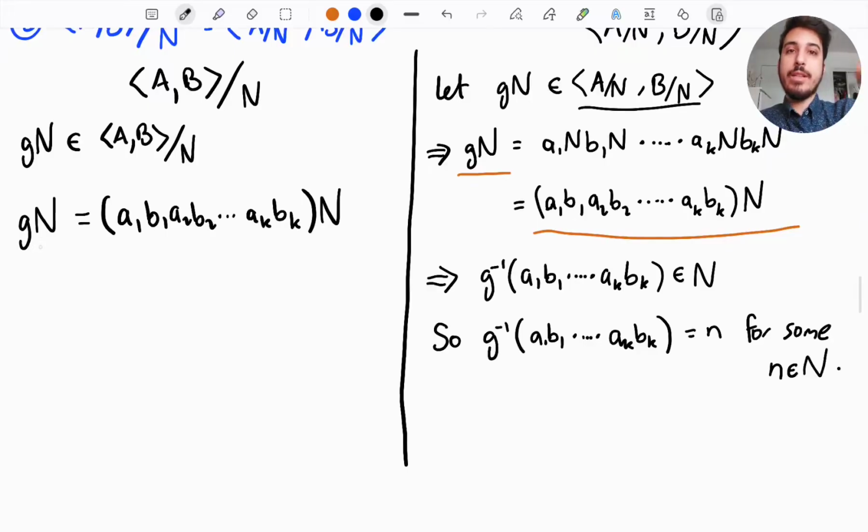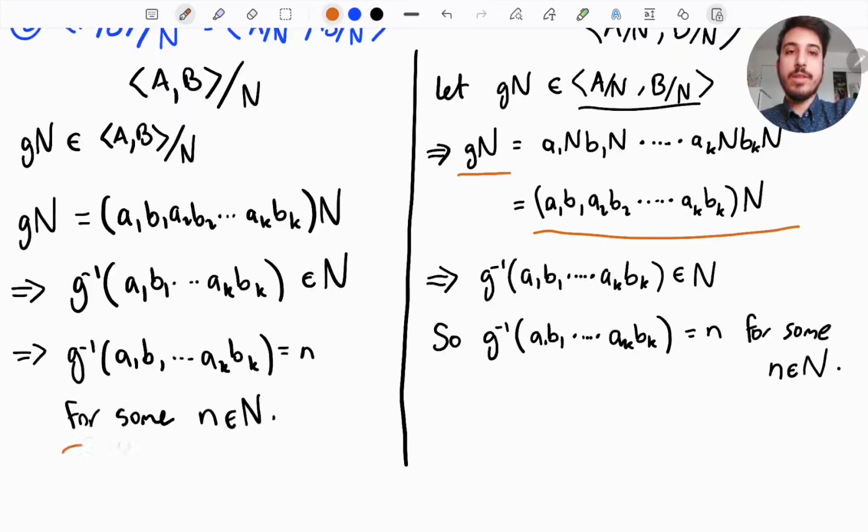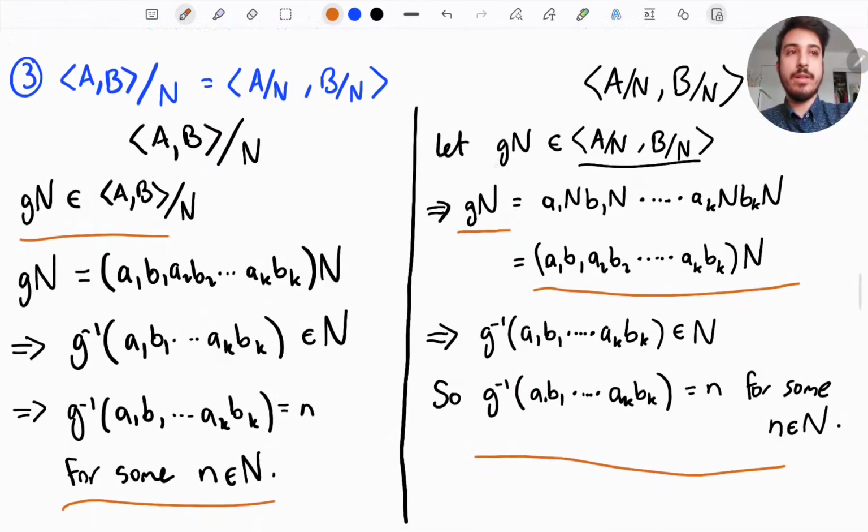So we have again that gN is equal to this coset here. But this means exactly by coset equality that g inverse a1b1...akbk is an element in N. Therefore, g inverse times a1b1...akbk is equal to n for some n in N. So we've just reached the same conclusion whether we started here or we started there.